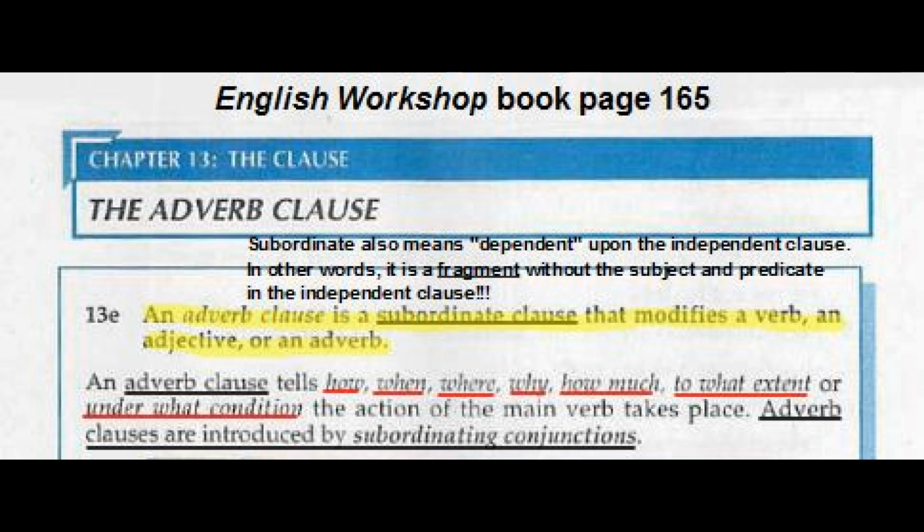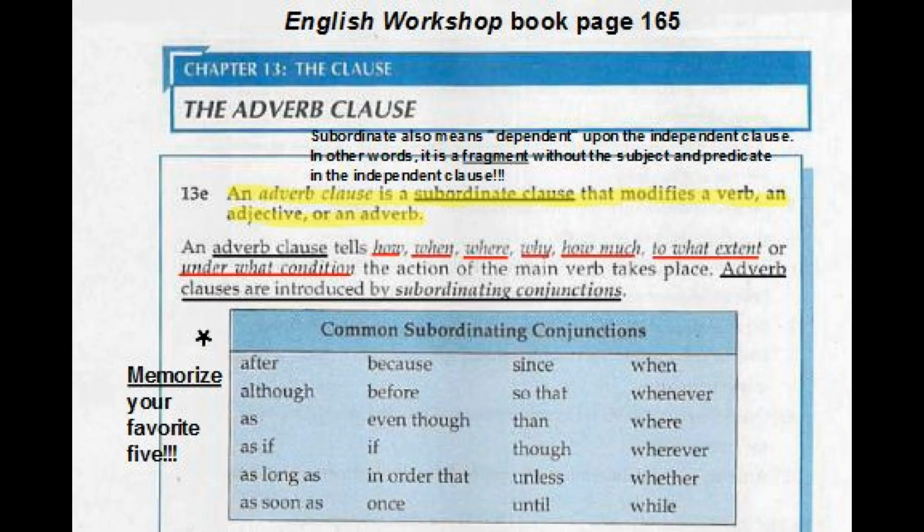Adverb clauses are introduced by subordinate conjunctions. So these are key words. You will always see these subordinate conjunctions at the beginning of adverb clauses. Let's look at the list below. Okay, you're familiar with these subordinate conjunctions. Let's read through the list just so that you can hear them and get them in your head.